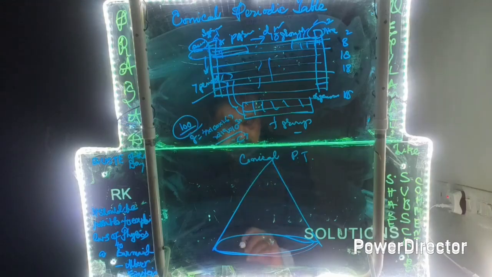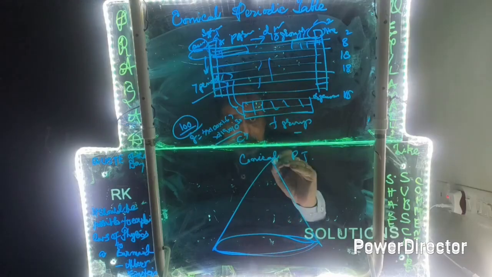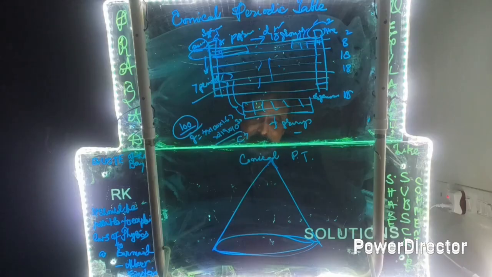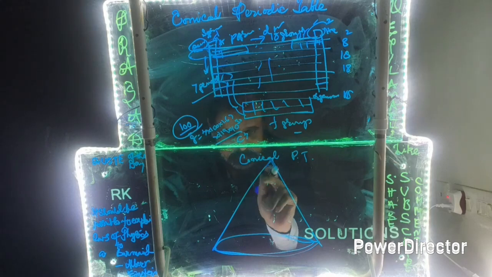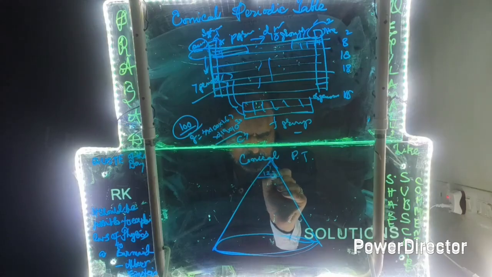But next it made me think about the elements here. If you have watched my video about the quantum numbers, then you would relate very easily. I always used to think like this: the first period is one, two, three.